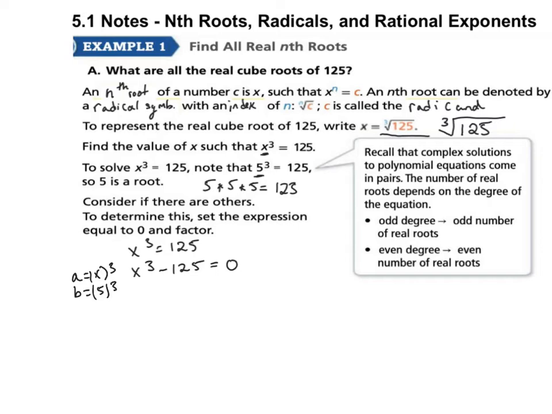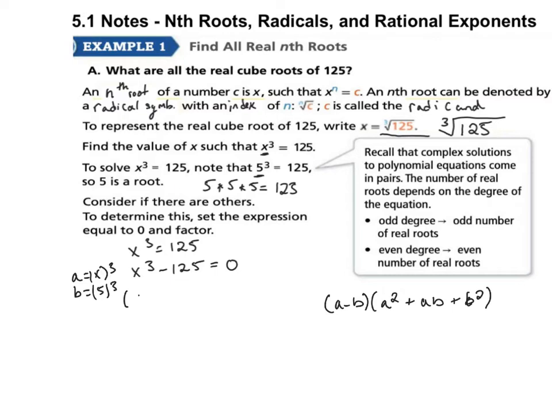So our difference of cubes formula, I'm going to write over here, should be a minus b times a squared plus ab plus b squared. Oh, sorry, b squared. So we're just going to rewrite this and factor it using that formula.